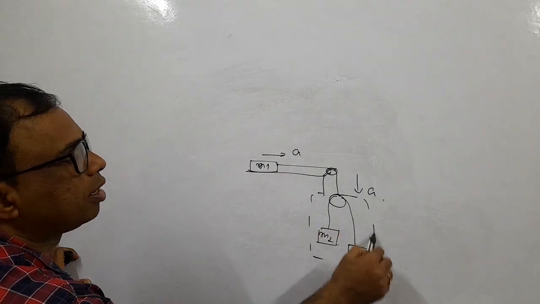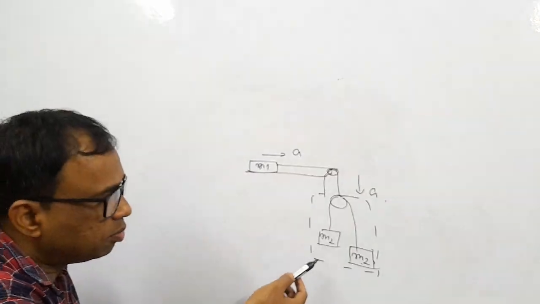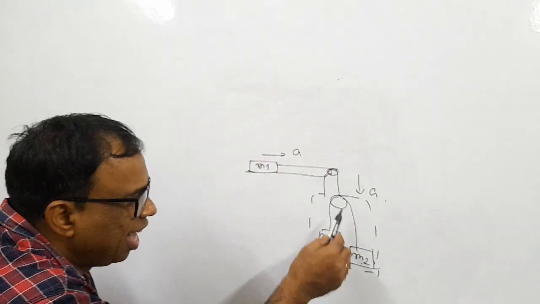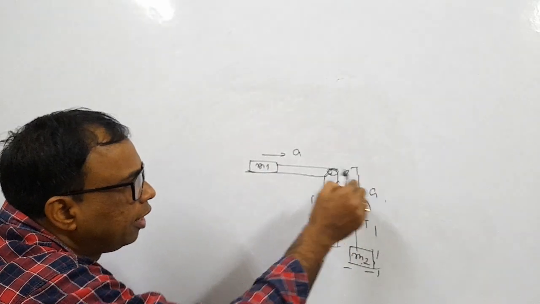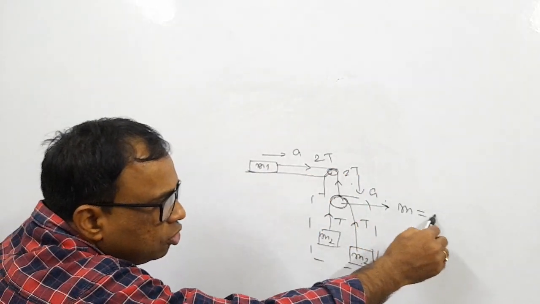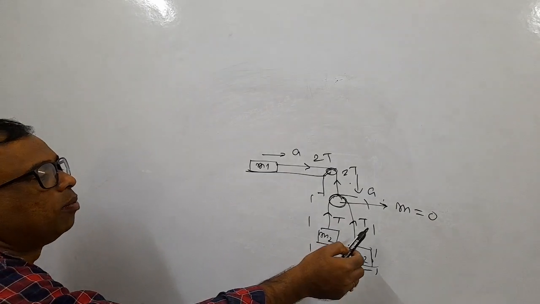If the system is moving downwards with acceleration A, and the tension T here, this is 2T, and this is 2T. Why is it 2T? Because this pulley's mass is 0. So it is 2T. Now what is the value of tension T?